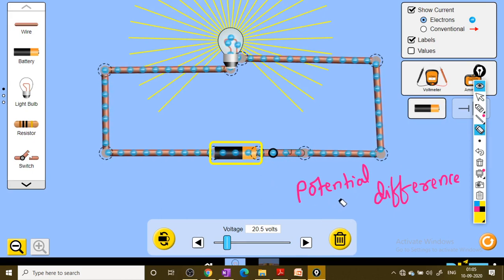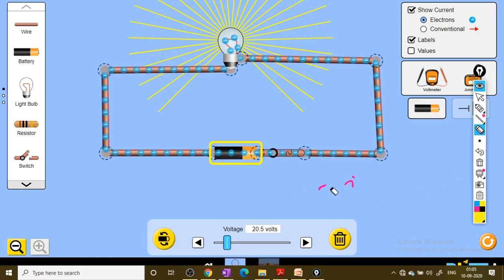So the potential difference is the cause to move the electrons within the circuit. We can express this potential difference as electric pressure. This is another word for potential difference, which is known as electric pressure.